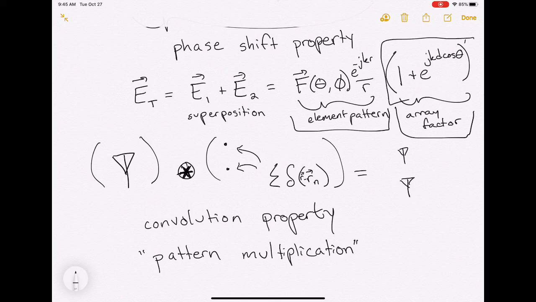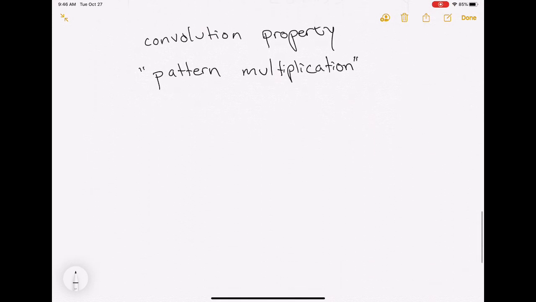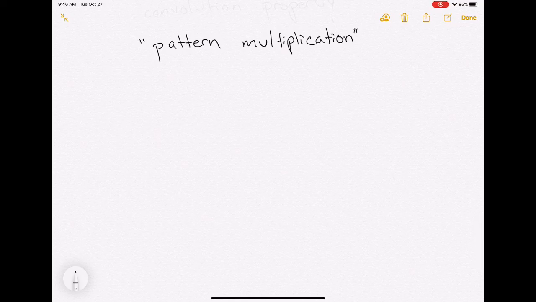This is just a pair of elements. You get a cosine pattern multiplied by your individual antenna pattern. So it increases the directivity by a little bit if you line them up properly, but otherwise it doesn't do very much. But check out what happens if you have a large number of antennas here.